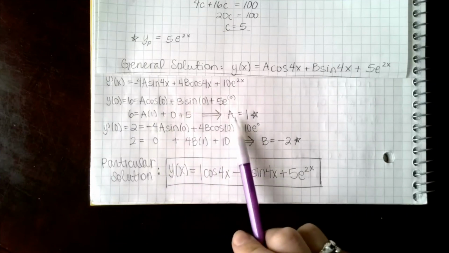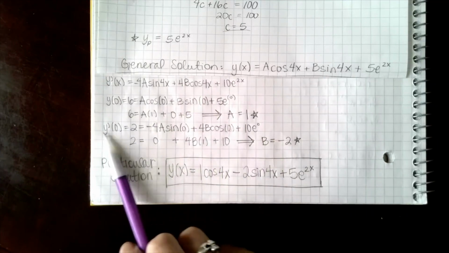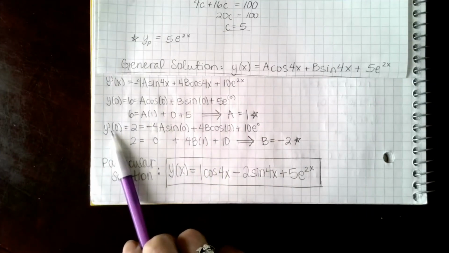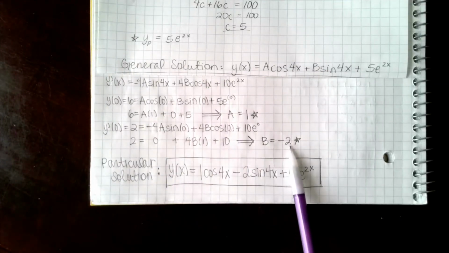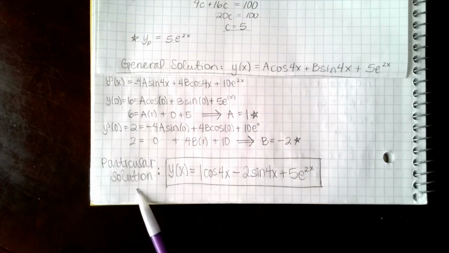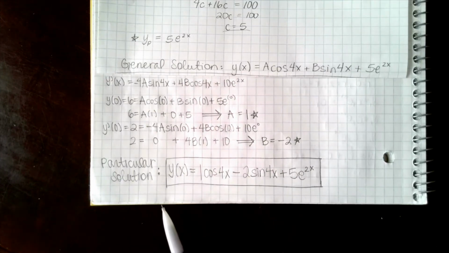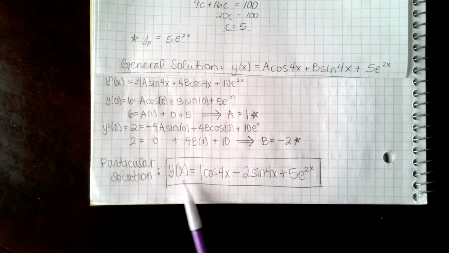I solved that and found a was equal to 1. I did the same thing for my first derivative equation. I plugged in 0 for x, set it equal to 2, and was able to solve and find b was equal to negative 2. So I conclude that my particular solution of this initial value problem of a non-homogeneous ordinary differential equation is y of x equals 1 cosine 4x minus 2 sine 4x plus 5e to the 2x.